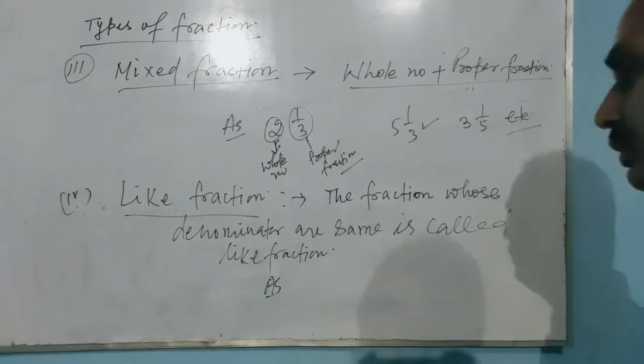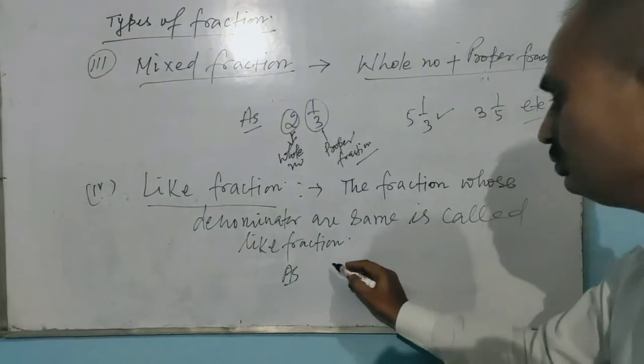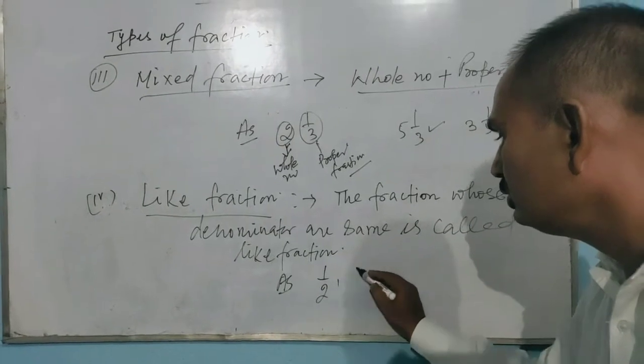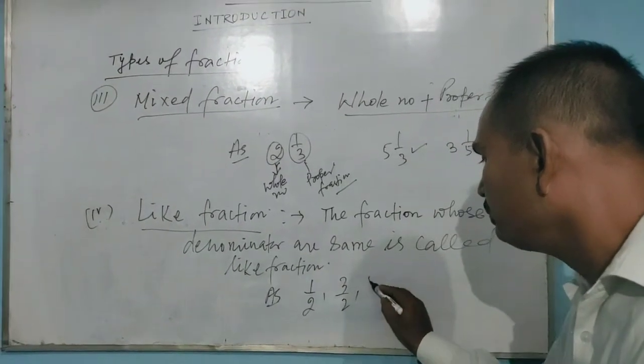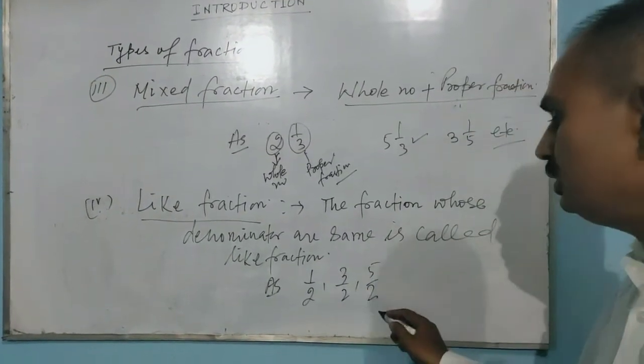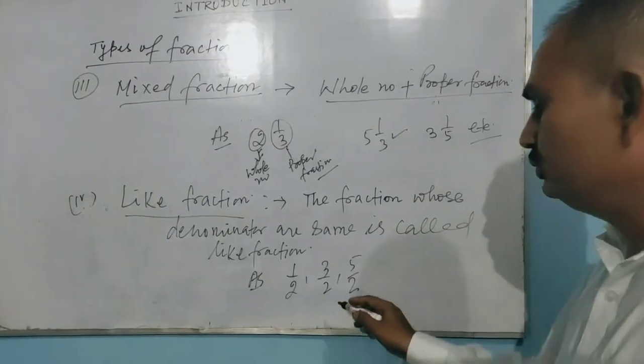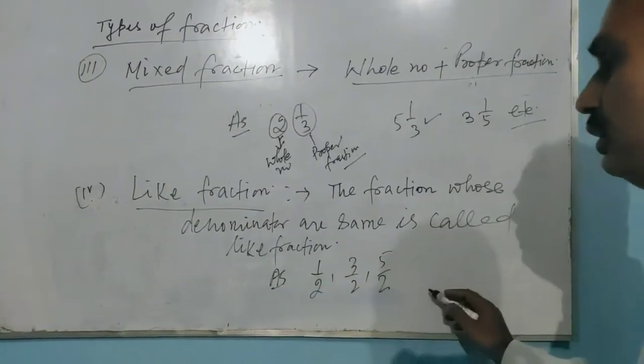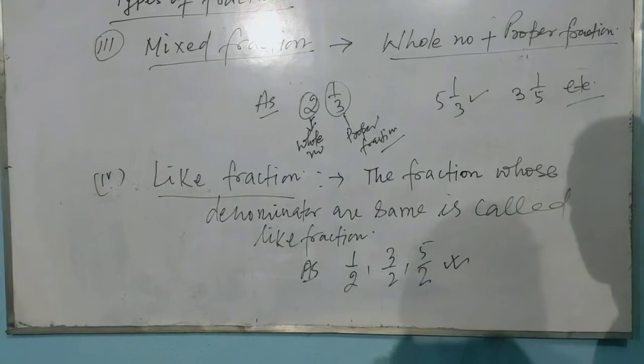Okay? Example, 1 by 2, 3 by 2, 5 by 2. Here all denominators are the same. So all are like fractions. Okay? Understood?